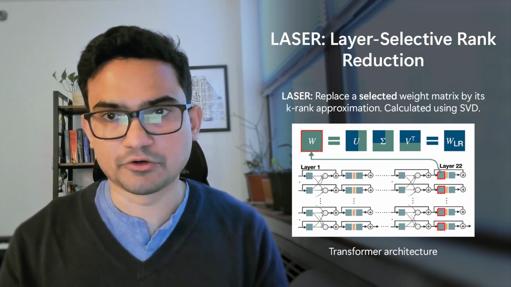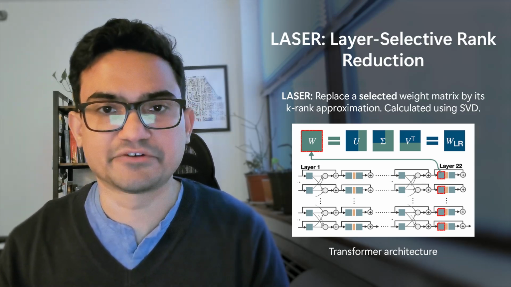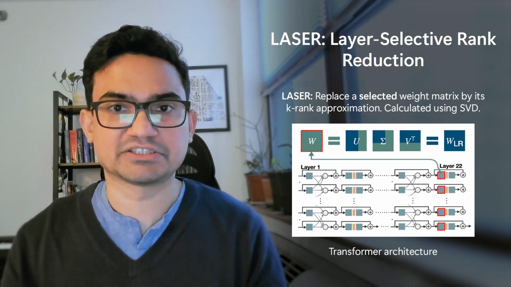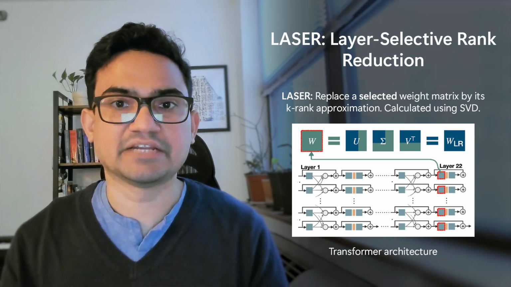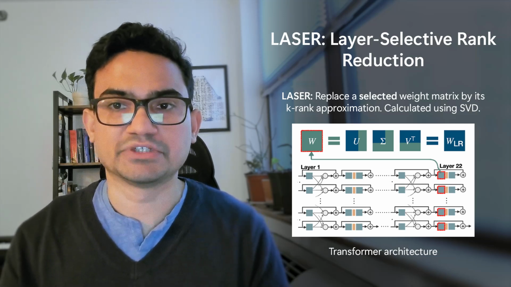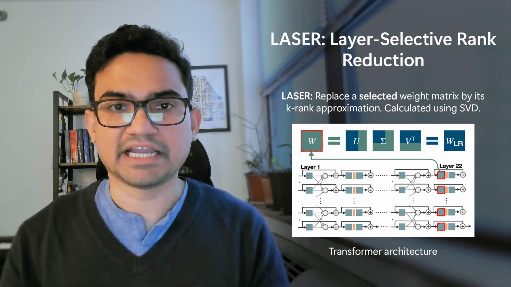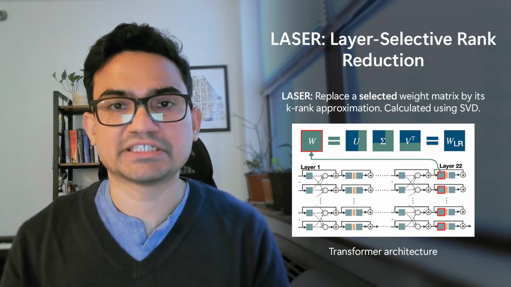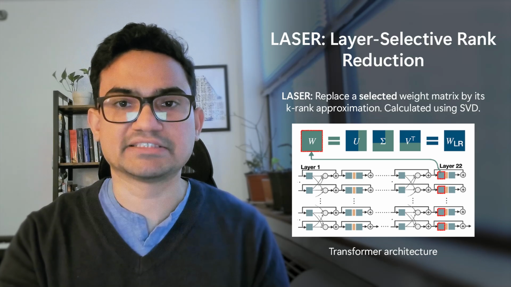To perform its low rank approximation, we throw away all the information in U, sigma, and V, which is not in blue color. Then we multiply the remaining matrices and we get its low rank approximation, which is shown as WLR. This is a very computationally efficient process and can be done easily with existing libraries.